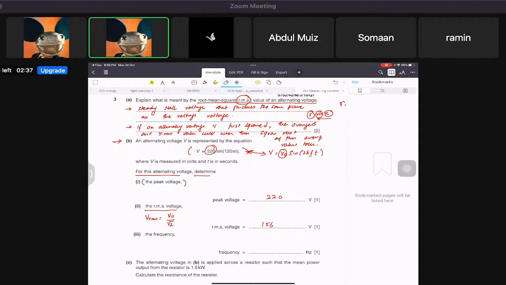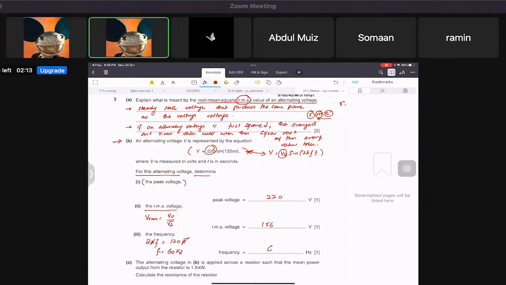Now, can you also find the frequency from comparing this? 60. Yep, that's 100% correct, because then 2 pi f will be equal to 120 pi. Cancel pi, and f will be 60.